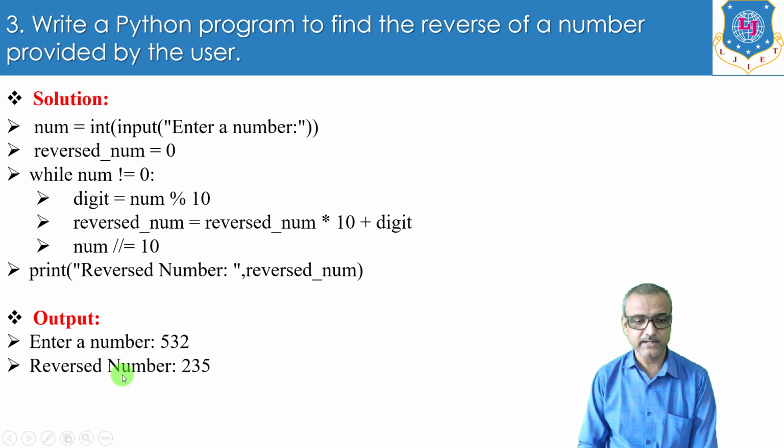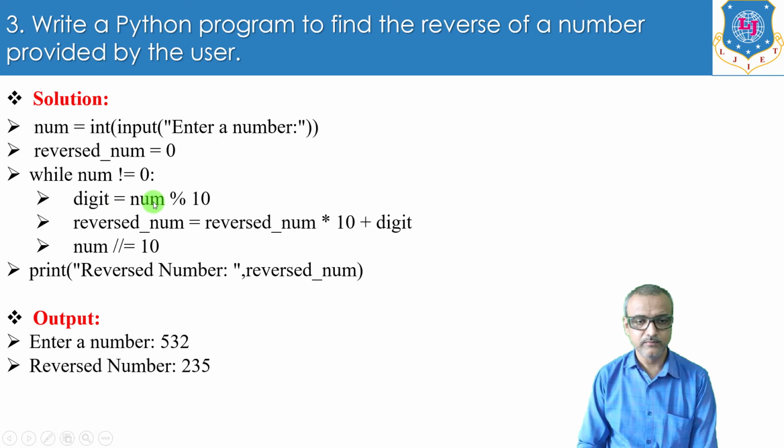So you can see the reverse number is 235. See, here num is 532. The user has entered num, that is 532, and initially we have taken reverse_num equal to 0. Now here 532 is not equal to 0, so the condition is satisfied, so it will go into this loop.